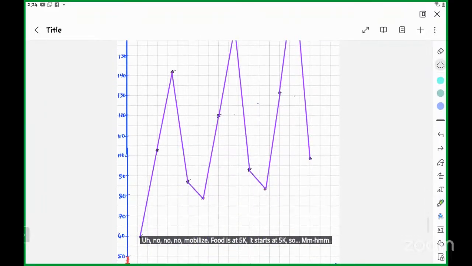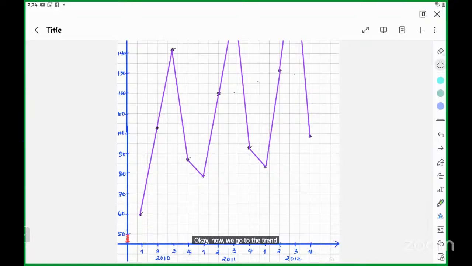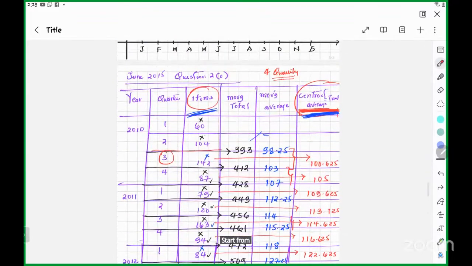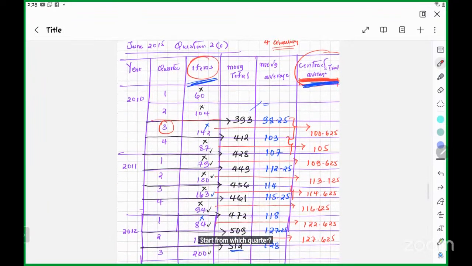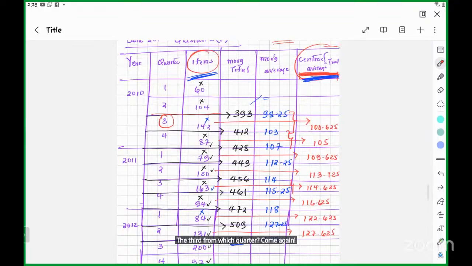Please find time. Okay, now we go to the trend values. The trend values start from which quarter? Quarter 3.